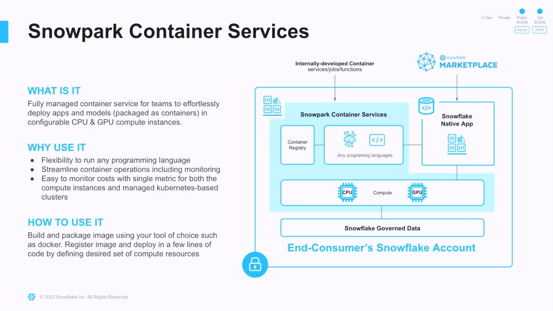So basically, what is Snowpark Container Services? It's very simple. We're providing you the ability to run any code of your choice, any programming language, anything you want, right next to your data without having to worry about infrastructure. You don't have to think about Kubernetes, Docker, or what a container is. All of that, we're trying to abstract away. And we are putting it right next to your data.